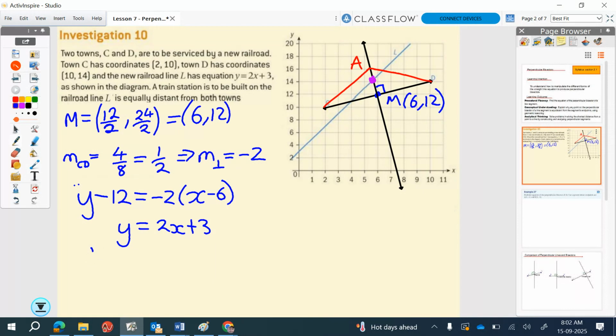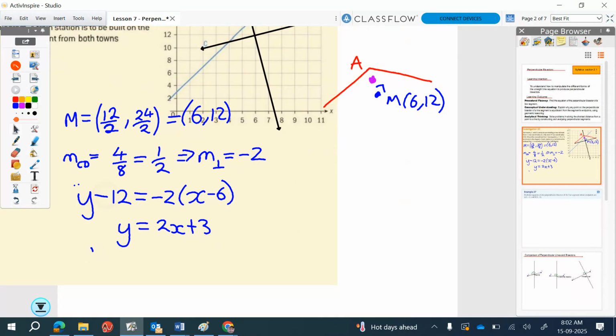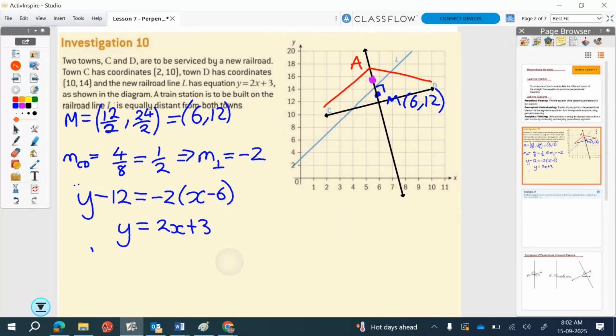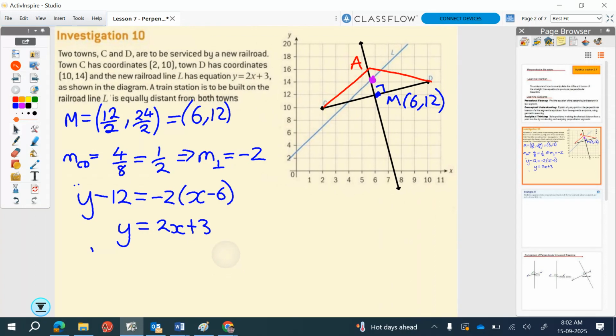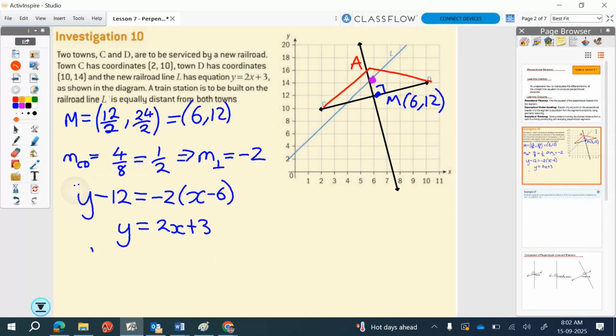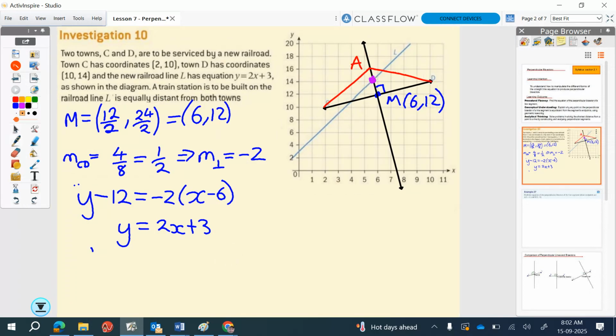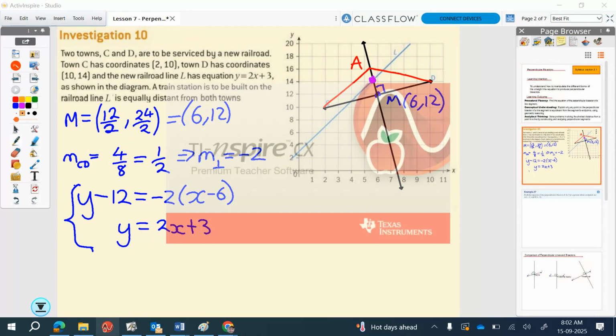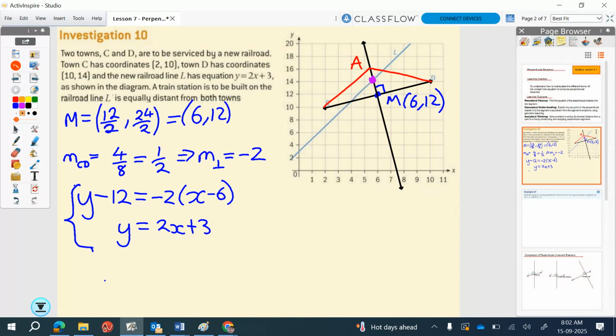Sorry, we want to form these into an equation system, and we can solve this on our graphing calculator. So take out your graphing calculators now and solve this equation system.